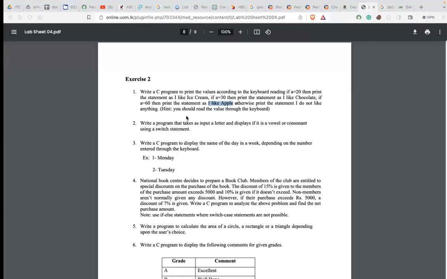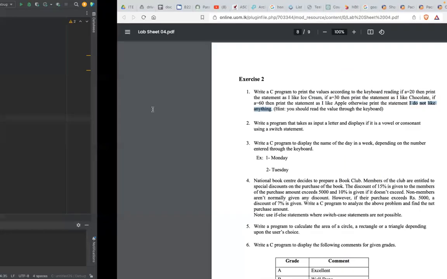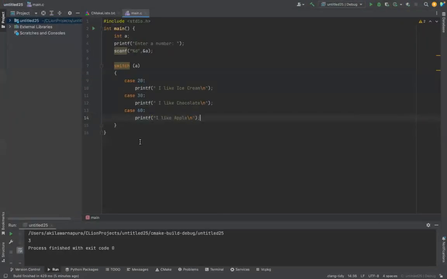Otherwise, I do not like anything. Otherwise means the default case. Default: printf, I do not like anything.